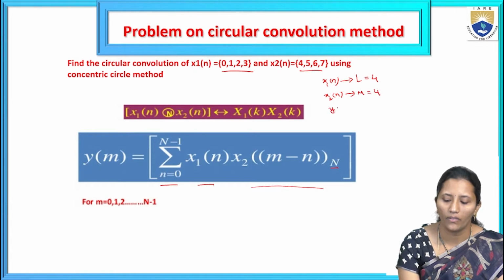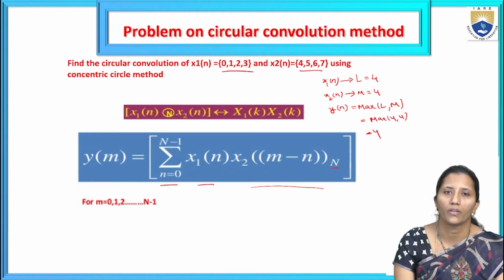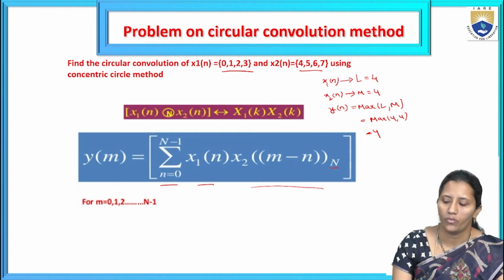The length of y of n, that is, the number of outputs in y of n, is the maximum of L comma M, that is, the maximum of 4 comma 4, so 4. So the number of samples at the output we get after circular convolution is 4.